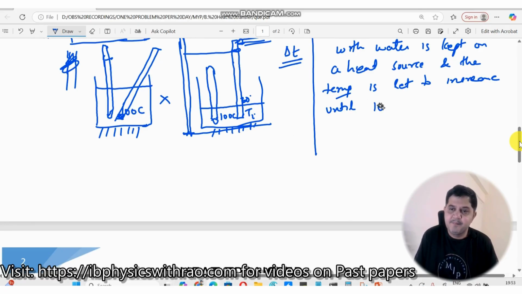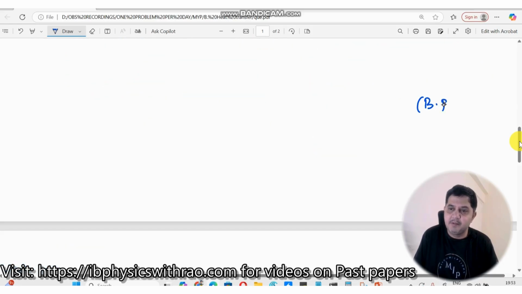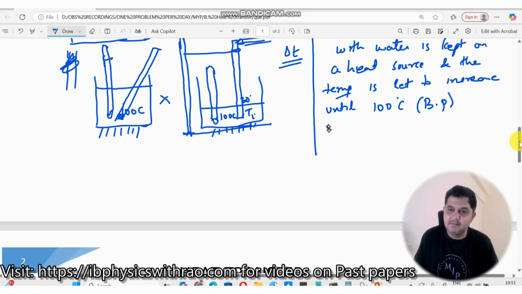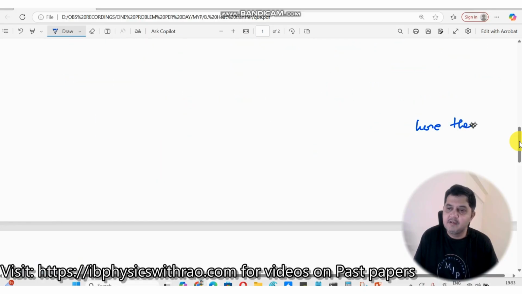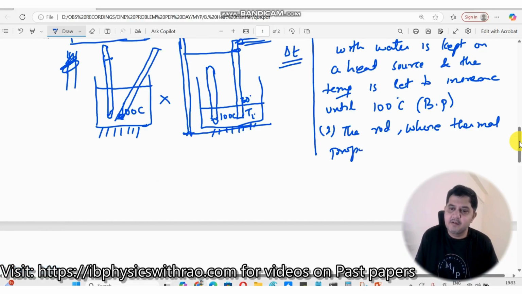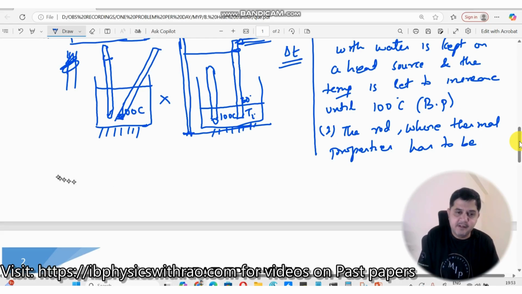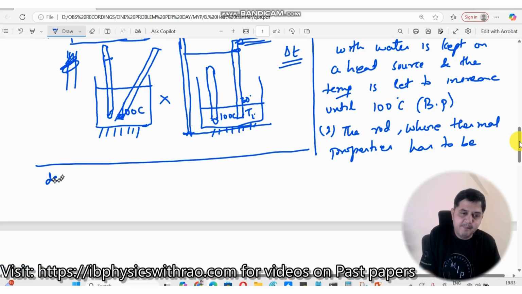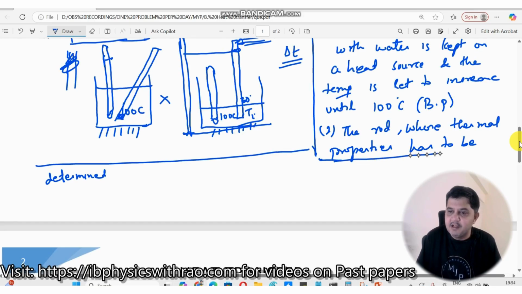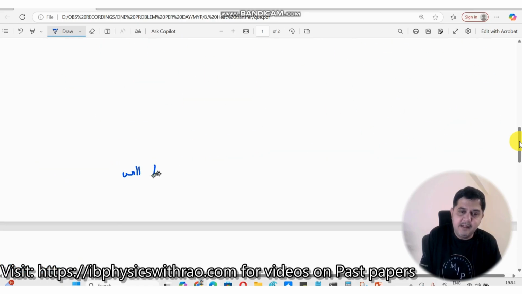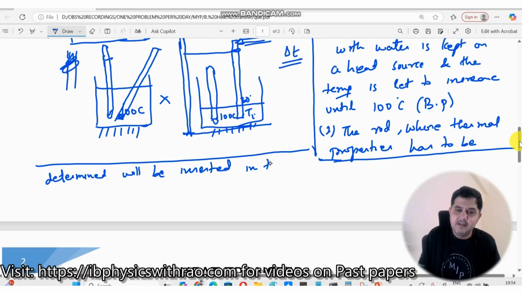Until 100 degrees, boiling. The first thing that I put, then the rod whose thermal properties are to be determined will be inserted.